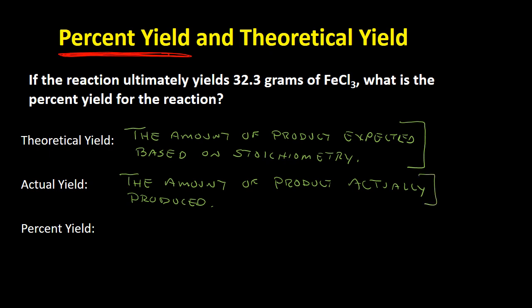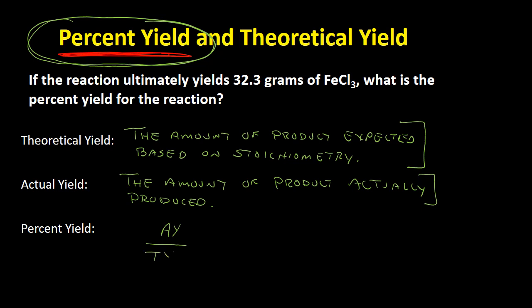All right. And then the percent yield, which is what you're usually asked to calculate in these problems, is just a comparison of the actual yield and the theoretical yield. So the percent yield is just the actual yield relative to the theoretical yield. Okay.